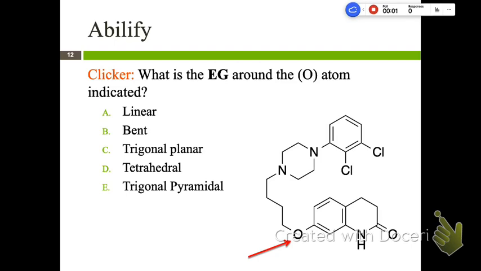I didn't have time to read it. Okay. Now I'm pointing at the oxygen at the bottom, and I want to know what is the electron geometry around that oxygen. Are you supposed to be looking at the lines that are touching it? So the lines touching it are how many carbons? Would each line represent 1 carbon?